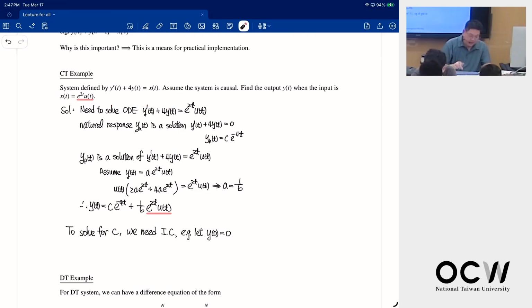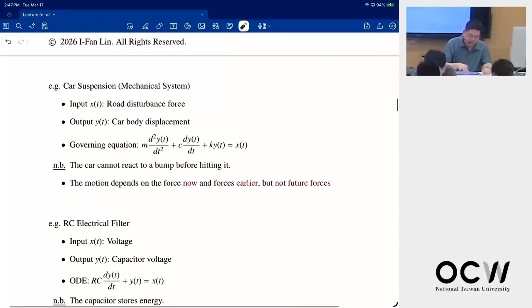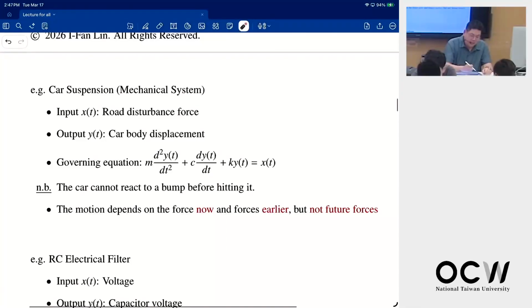So here I just have 4 different examples. First, the car suspension. Suppose your input is the road disturbance force, and your output is your car body displacement. For example, if you are driving through a bump, we have the road disturbance force, and then your car displacement after you pass through the bump.